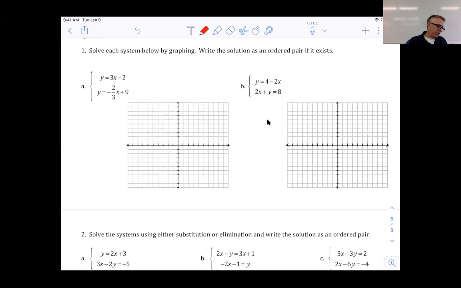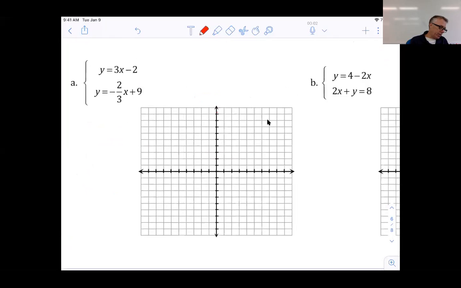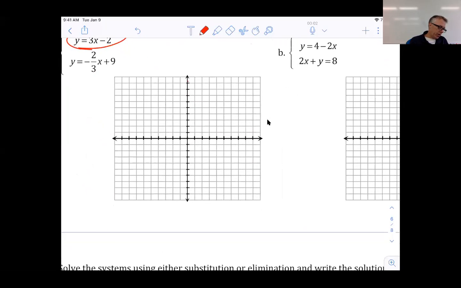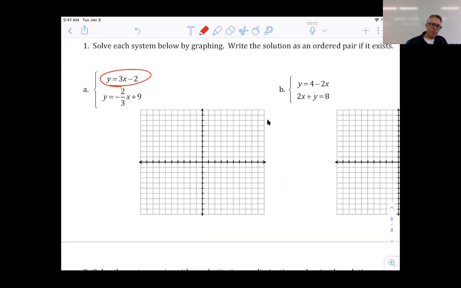I want to solve this first system, 1A, by graphing. First, I'm going to graph y = 3x - 2. That's in slope-intercept form. Remember from the glory days of Algebra 1, the y-intercept is -2 and the slope is 3.